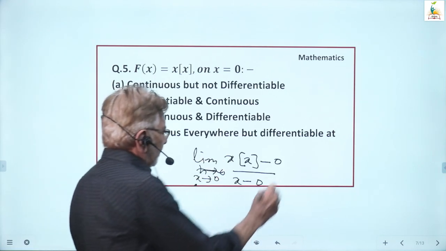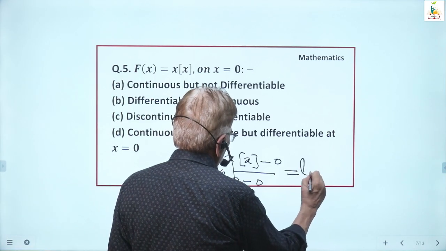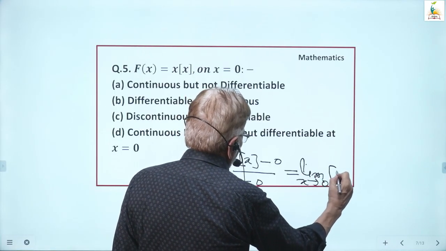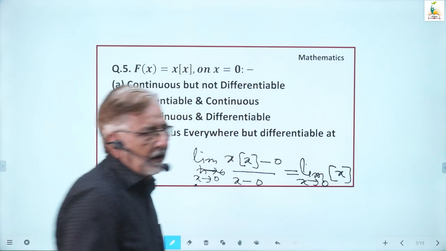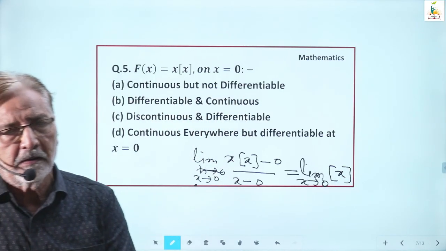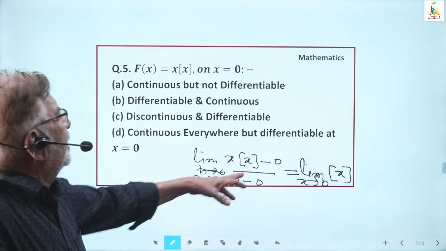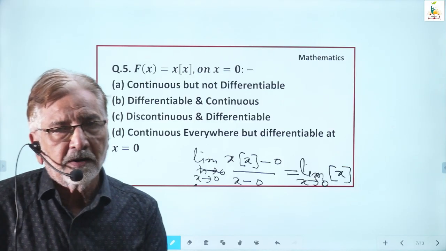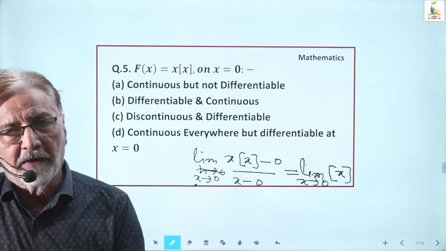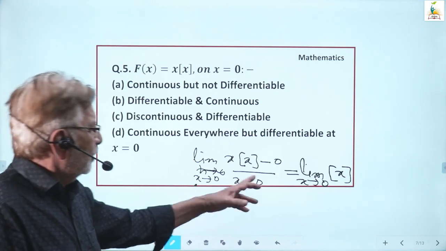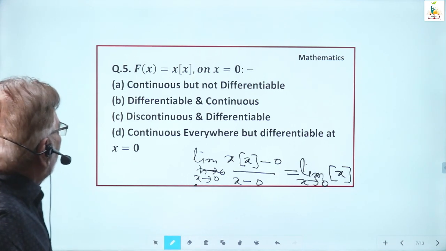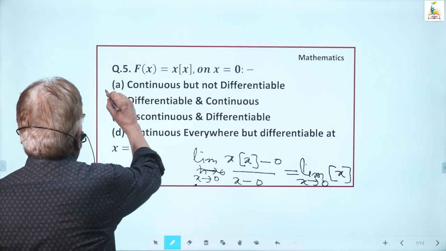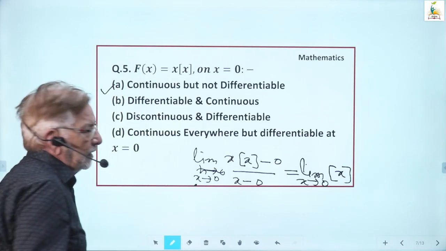So this will be limit x tends to 0, greatest integer x. Now according to the previous chapter of limit, we know that limit x tends to 0 of greatest integer x does not exist, because 0 minus h goes to minus 1, 0 plus h goes to 0. So the function is continuous but not differentiable.